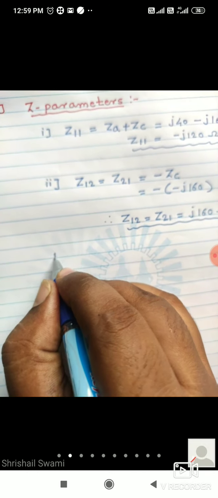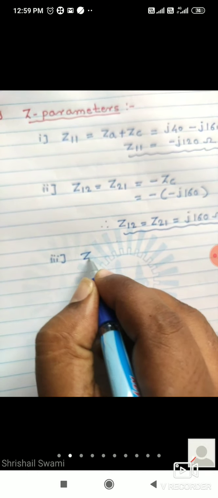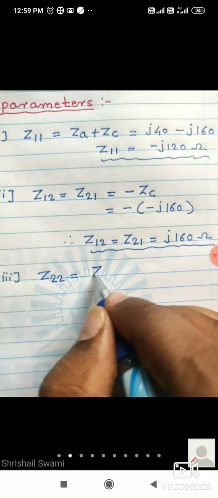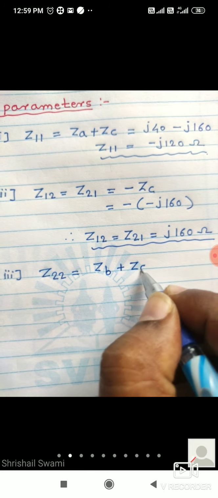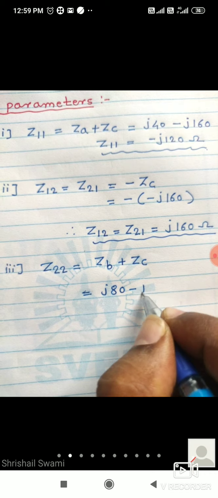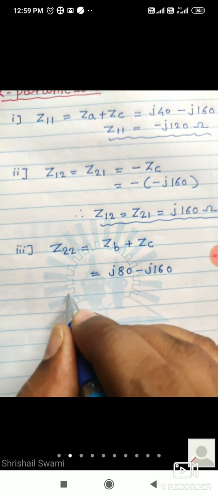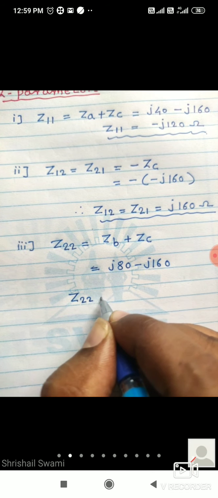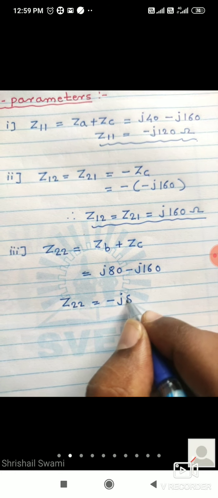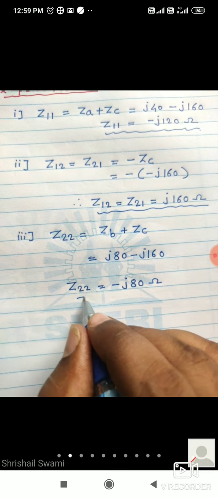Now last, that will be Z22. Z22 is equal to addition of these two, ZB plus ZC. So put here ZB is J80 minus J160. The answer is Z22 is equal to minus J80 ohm. So this will be the last.